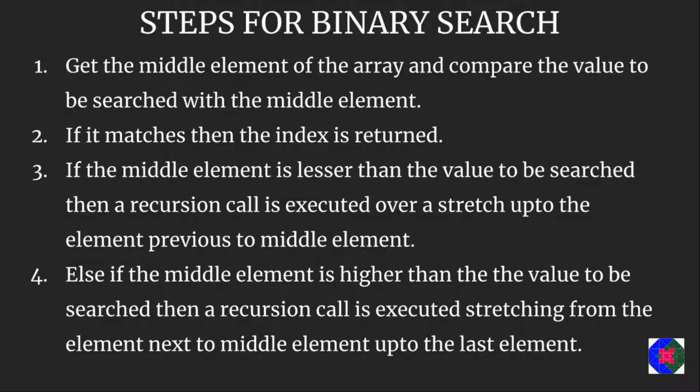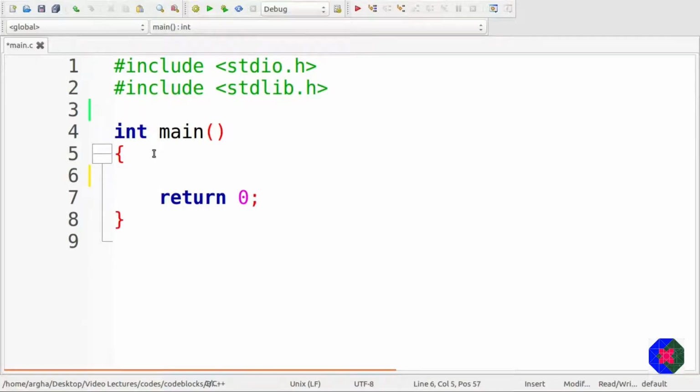Let's now jump onto the programming part and see how we can actually code it and implement it. So I'll be starting again with taking an array. The array type will be int, and here one thing that we have to remember: the array in which the search operation will be executed has to be a sorted array.